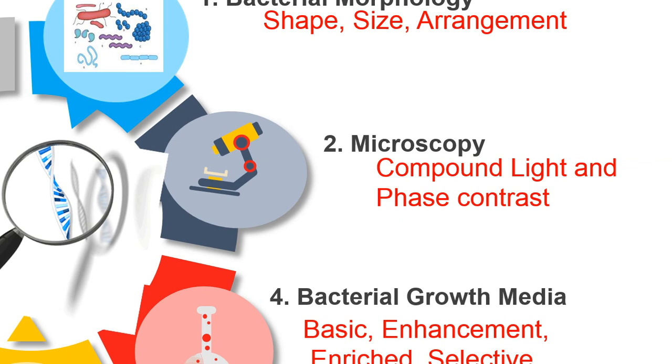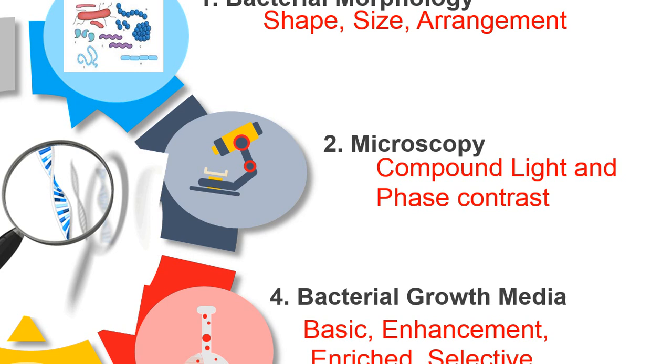The magnification power of the eyepiece and the magnification of the objective lens, when multiplied together, give you the maximum magnification of a particular microscope. Usually in a general compound microscope that we use in our clinical, environmental, food, or other microbiology labs, we can obtain up to 2000 to 2500 times magnification.